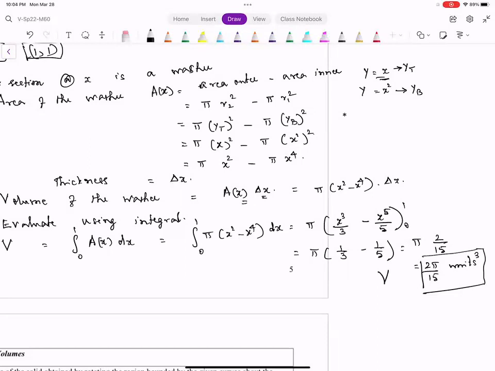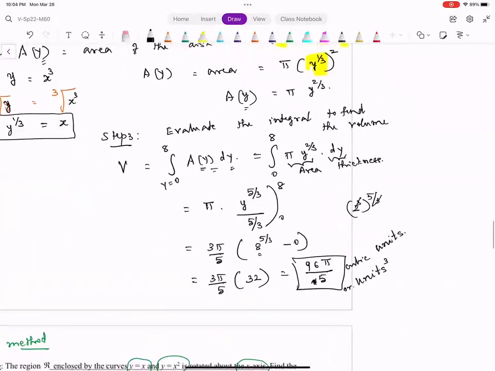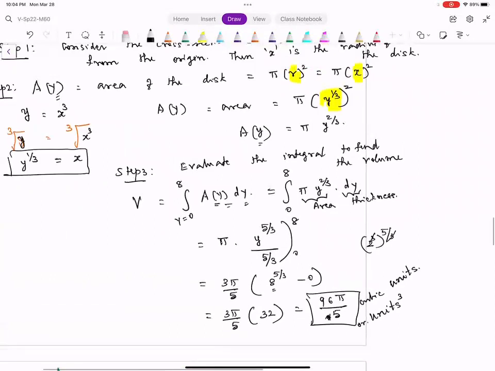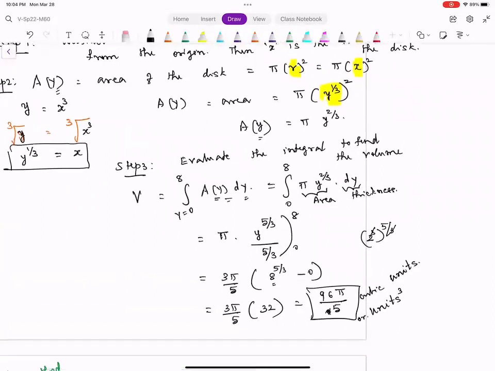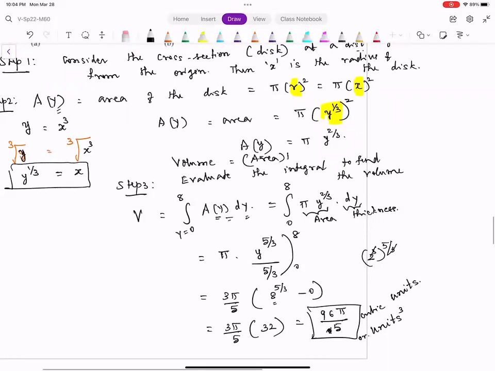So in this problem, we have a typical washer, and the picture is already given here. In the earlier problem, one thing we may want to add is that we found the area of each slice, each disk, and the volume will be nothing but the area times thickness.